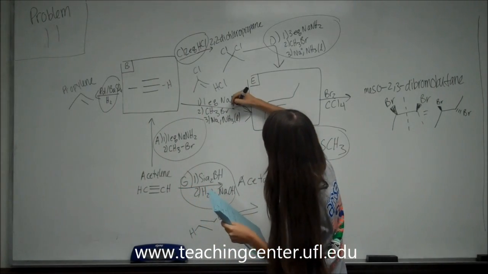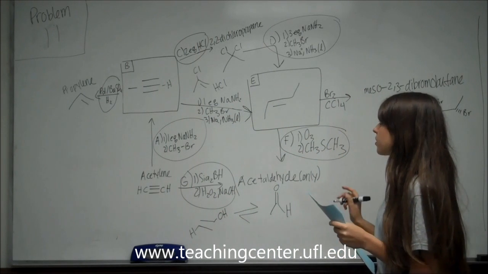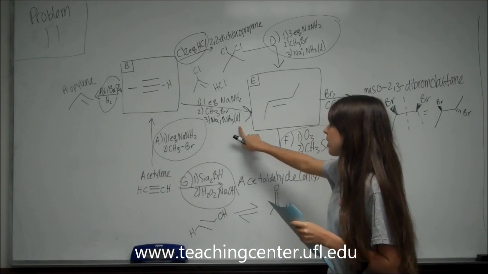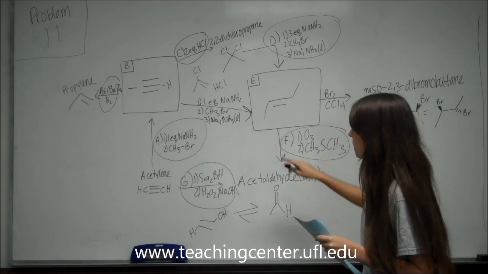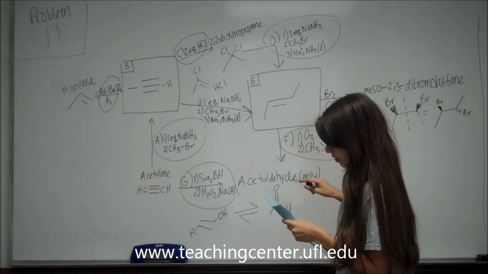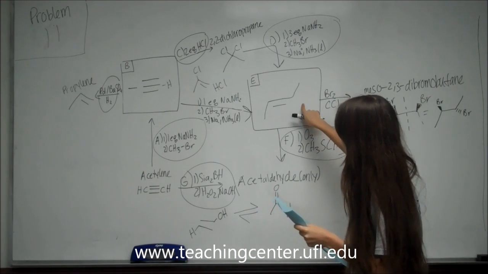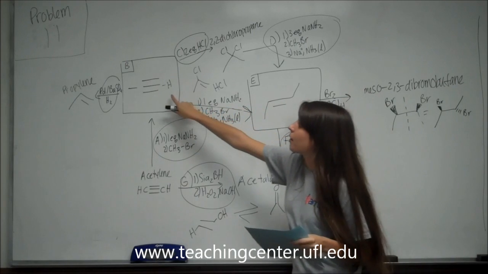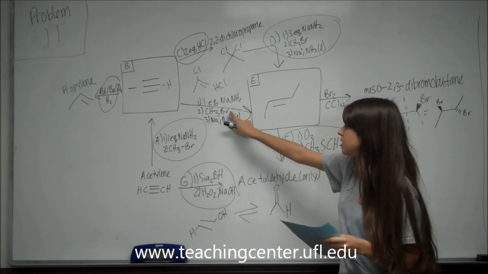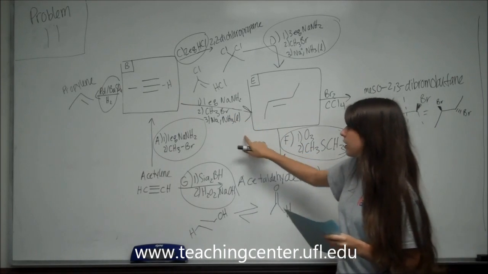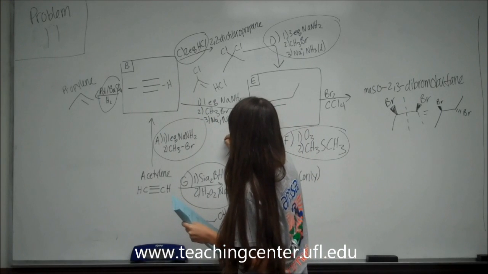So you could get from here to here just from that. One equivalent of NaNH2 is going to pull out this hydrogen. You're going to add CH3Br, and you're going to add a methyl group right there. So after step 2, you're going to have this.